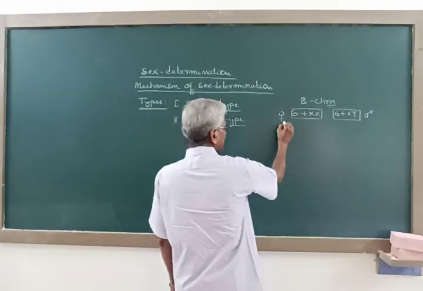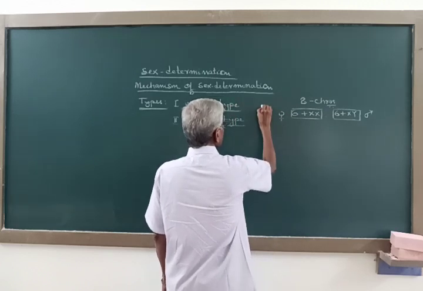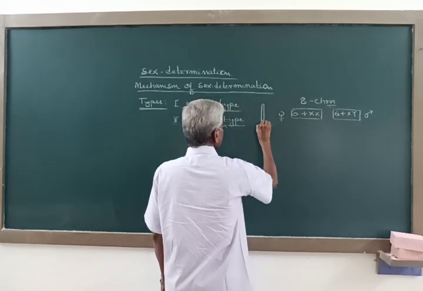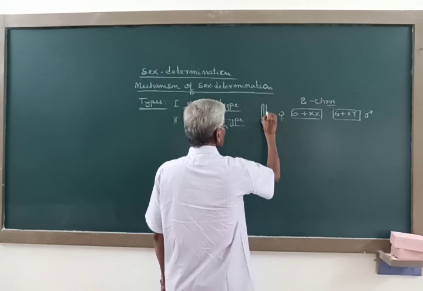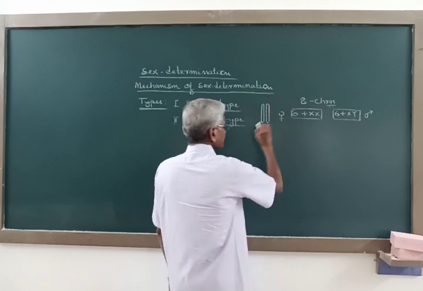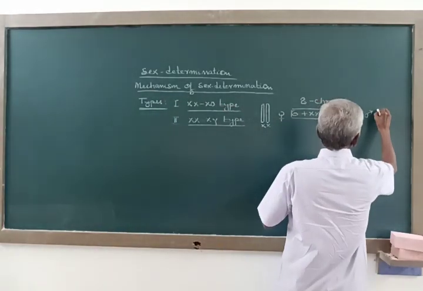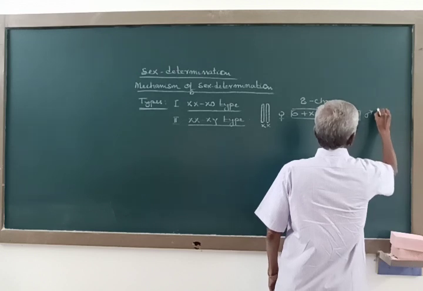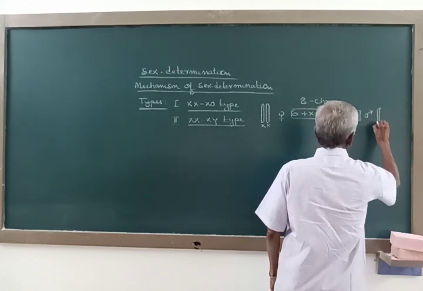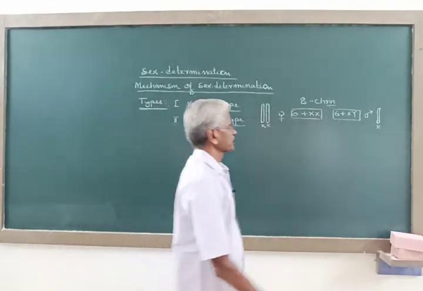Now this female has 6 autosomes and 2 X chromosomes. Now these are the 2 X chromosomes of the female. Whereas the male has 1 sex chromosome similar to the X chromosome of the female, so therefore it is also called X chromosome.